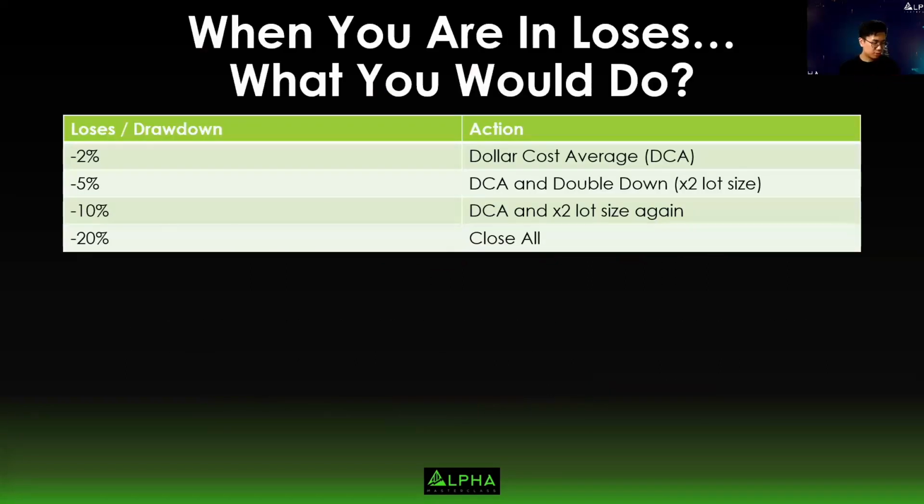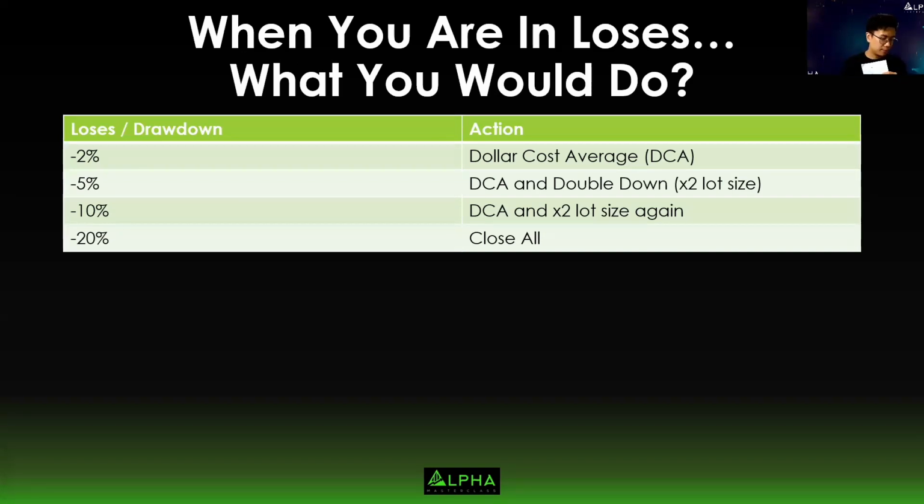This is how we calculate the portfolio risk. The next thing that I want to talk about is what you would do in the simulations, or in real life trading. Now, when you're trading in these few days, let's say you have prepared this kind of paper and you draw this kind of table, and basically this table tells you what to do when you reach a certain amount of drawdown.